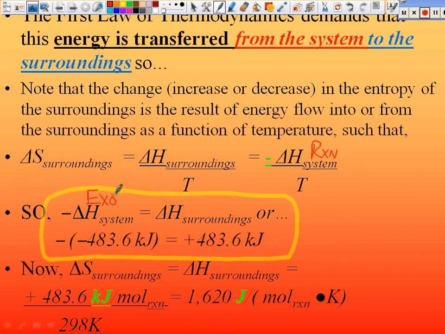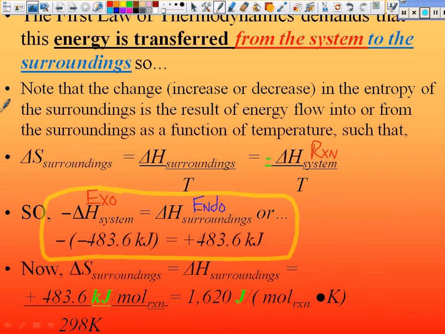Well, what is there to receive that energy? The surroundings. Well, if the system is giving energy off, which is exo, then the surroundings must be there to receive that energy. So how are, in terms of energy transfer, system versus surroundings related? Equal but opposite. And so if you notice, look right here.